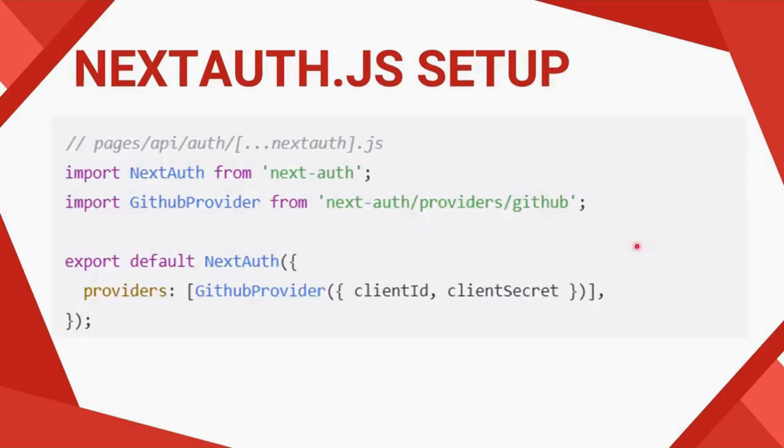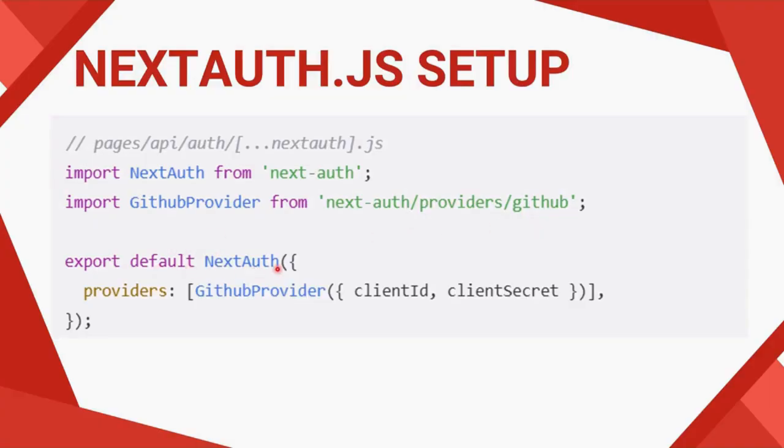Then an example of NextAuth setup. Here for setup you specify pages/api/auth/[...nextauth].js. This specifies the route that catches all requests handled by NextAuth. Okay, here import NextAuth from next-auth and GitHubProvider from next-auth/providers/github. Here we import NextAuth core and the GitHub login provider.